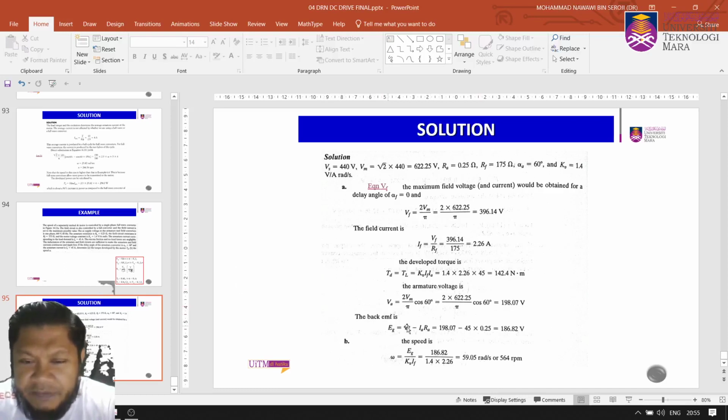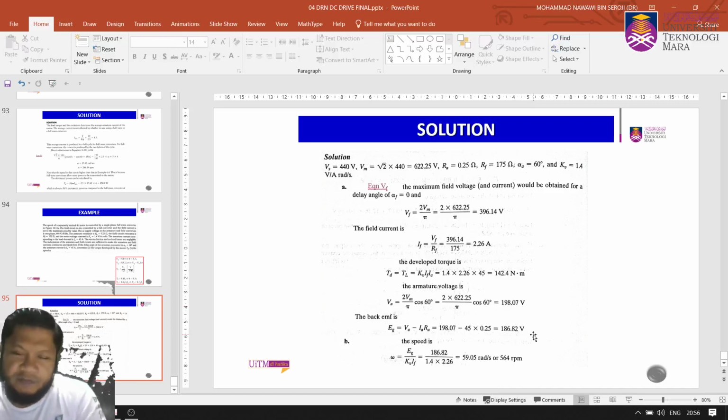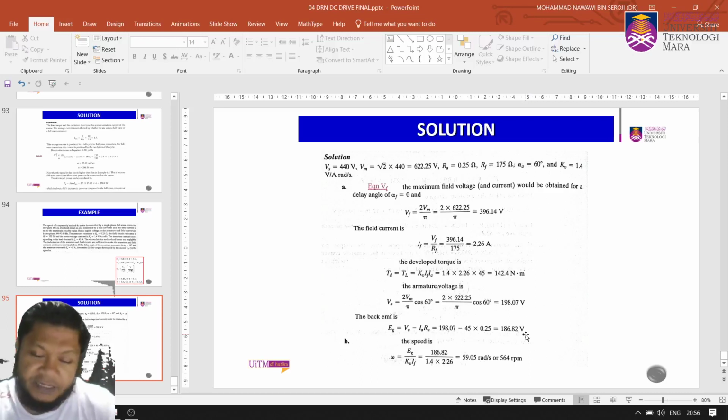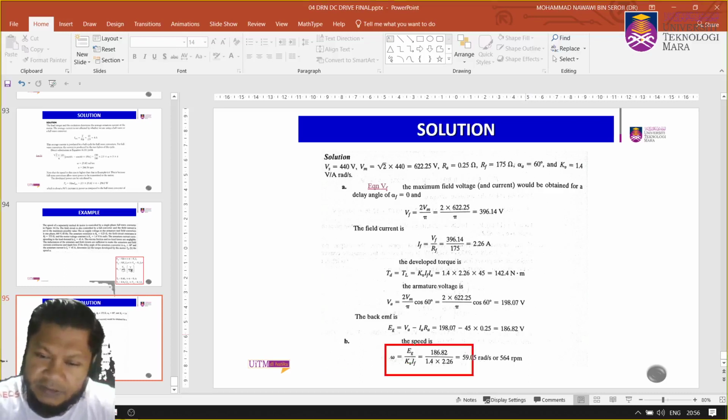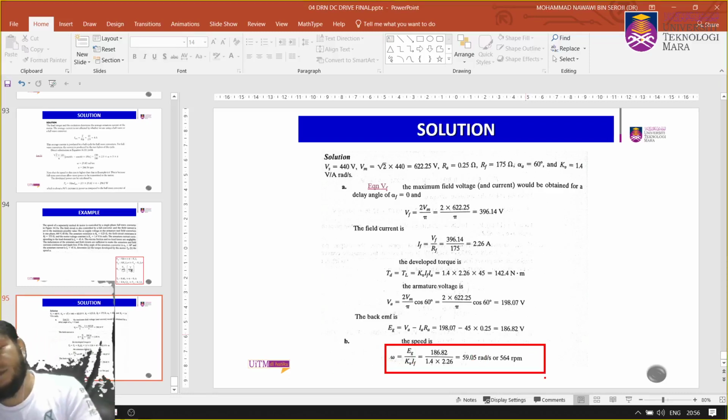And for the back EMF, look at that, it gives you 186.82, and from there you can find the speed, and the speed finally gives you that figure here.